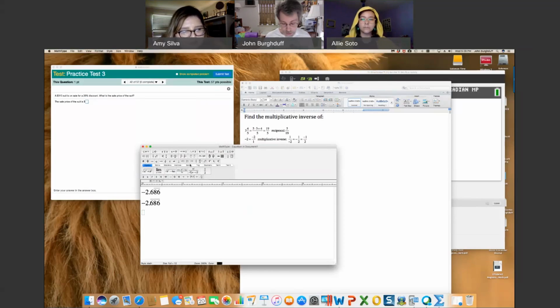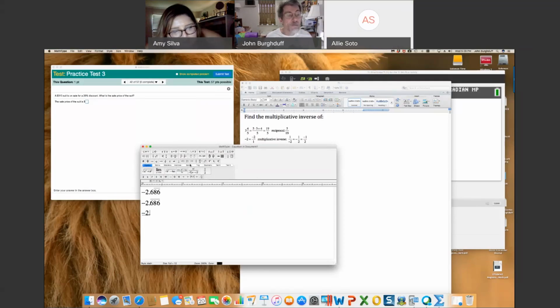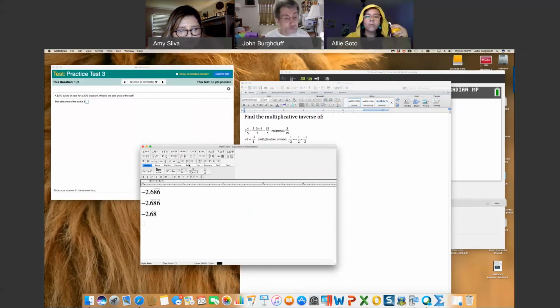The next one is negative 2 point, and the line is over the 68. The next one is negative 2.686, and the line is just over the last 6. Okay. And then the last one, there's no line on top, so it's negative 2.686.